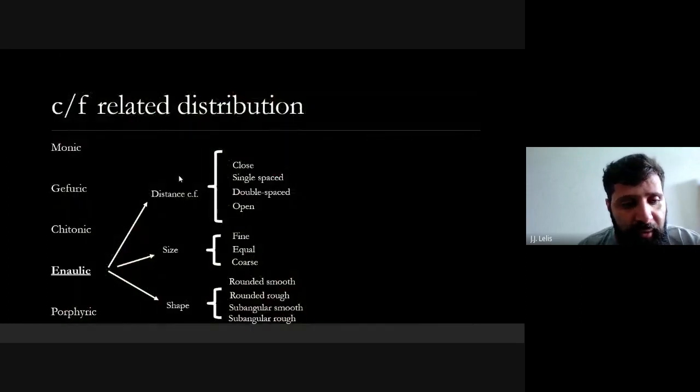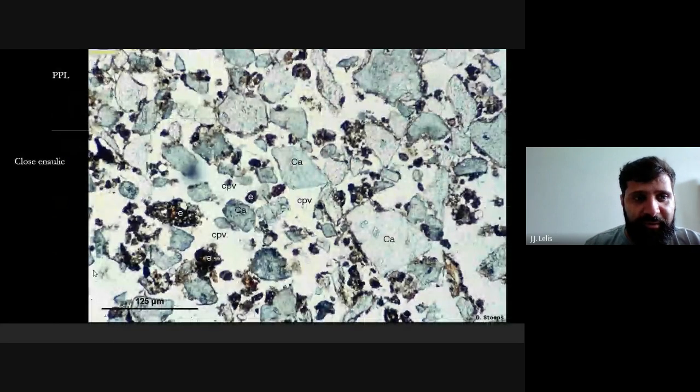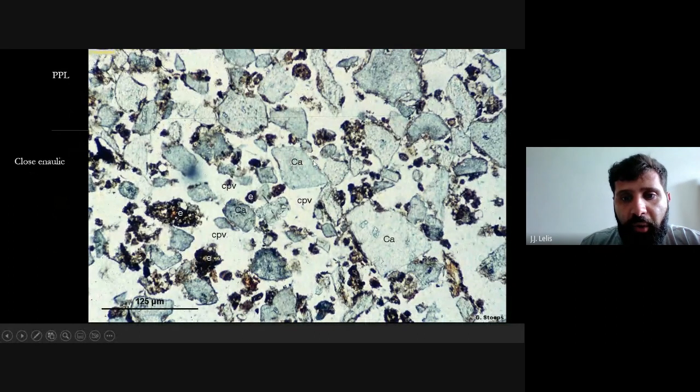We can also find the enaulic CF ratio. The enaulic CF ratio is related to different types. We have several types of enaulic CF ratio, but it can be defined as a distribution of coarse bodies, coarse fragments, and fine materials.